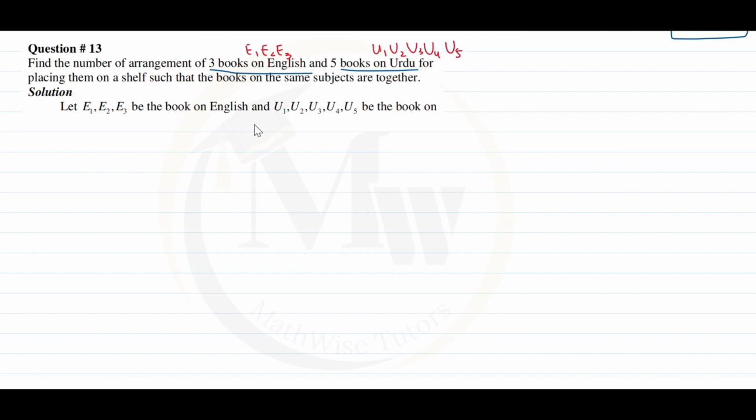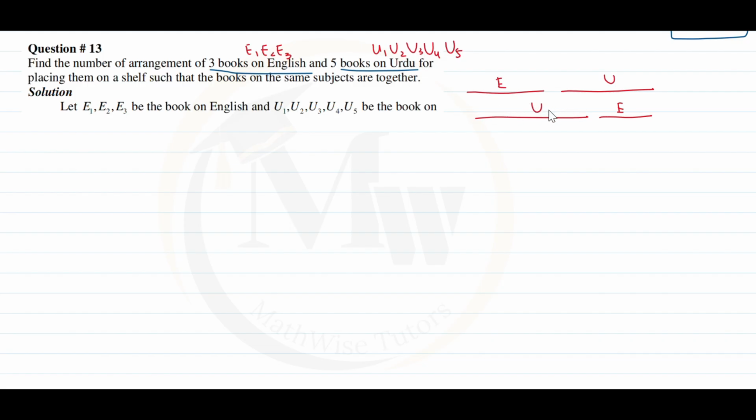So we have only two options: first we have English books and then Urdu books, or first Urdu books and then English books. So we have these two ways and they will be together.